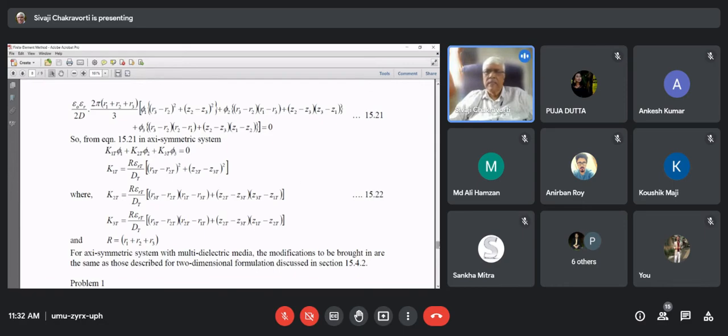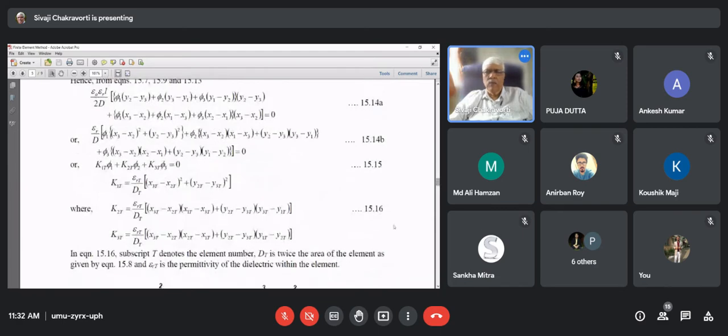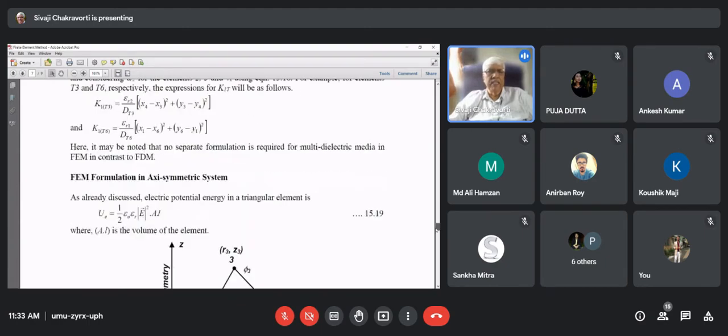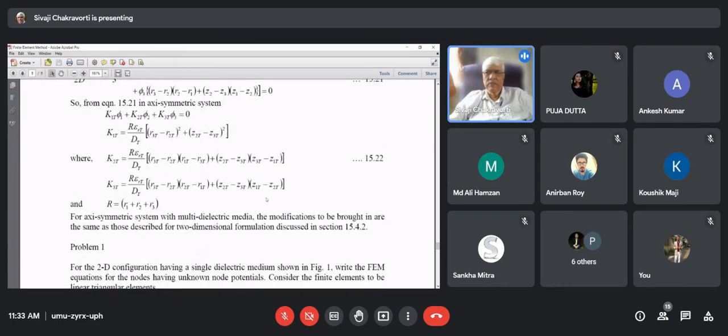If you again slightly go back, 15.16 was our basic equation for two-dimensional system, and here this epsilon r by d was actually multiplied by 1 in this expression. Now that 1 has been changed. If you look here, correct, now you see 15.22. Instead of 1, we are writing capital R.